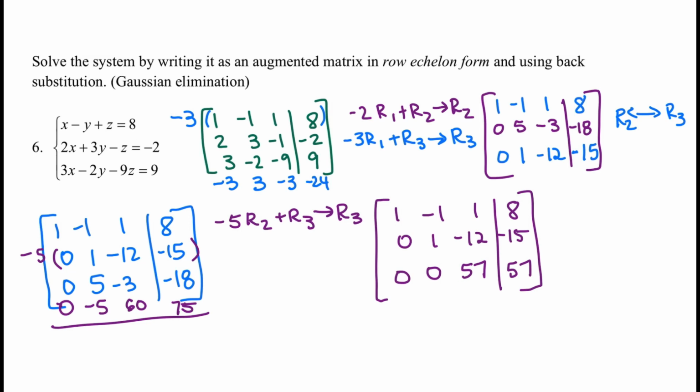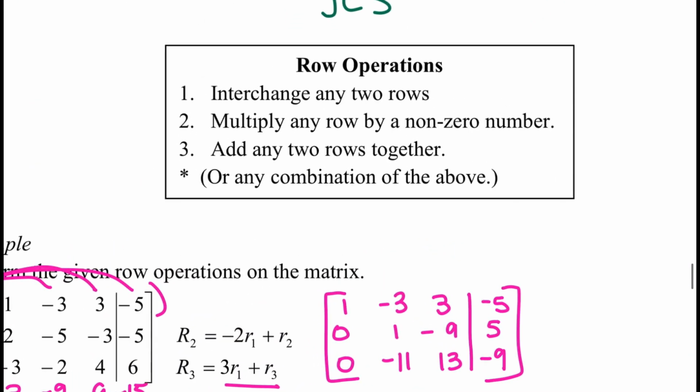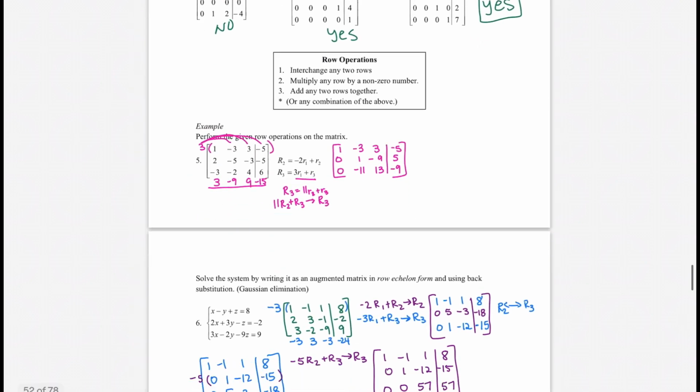Now, we have a 1 with zeros below it. Now I need to get this to be a 1. This equation right here is of the form 57z equals 57. So I need to get z alone. So normally I would divide by 57. However, division is not one of our properties, but I can multiply any row by a non-zero number.